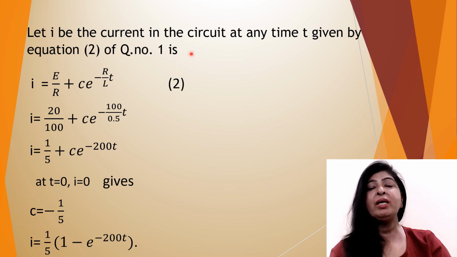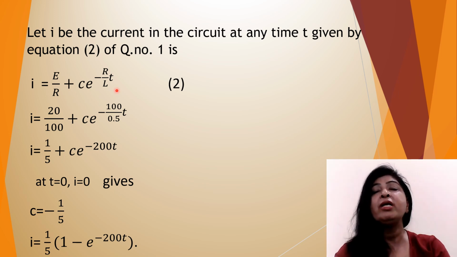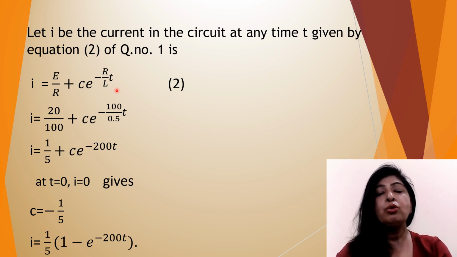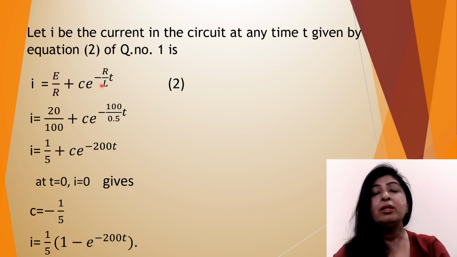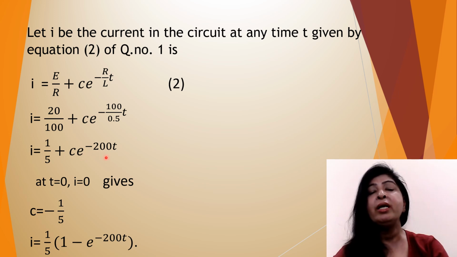So let i be the current in the circuit at any time t, given by the equation 2 of question number 1. So i will be E by R plus C e raised to power minus R by L t, which we have already derived in question number 1. So just substituting the values of E, R, L and solving it, what you will get, i is equal to 1 by 5 plus C e raised to power minus 200 t.